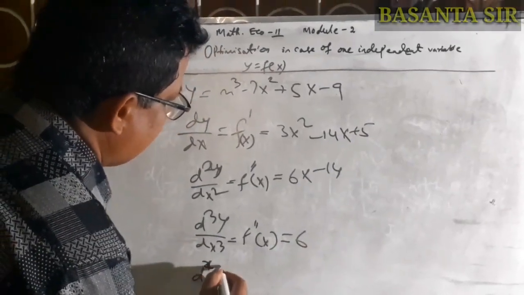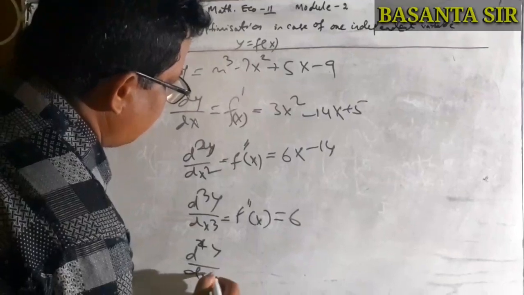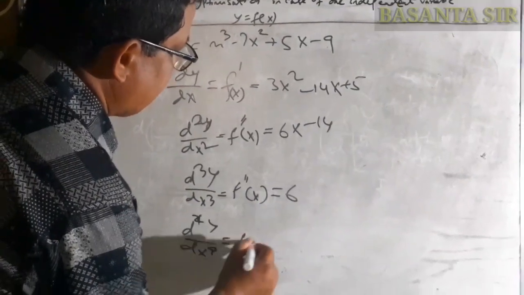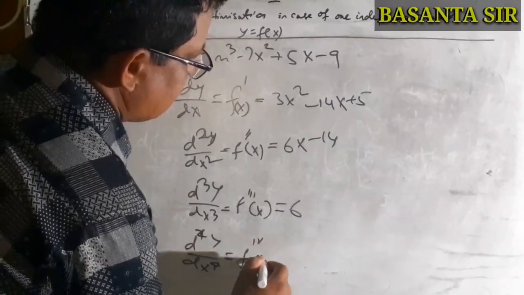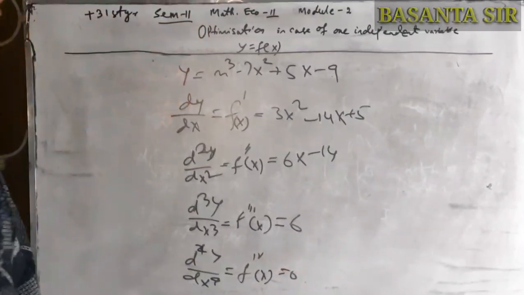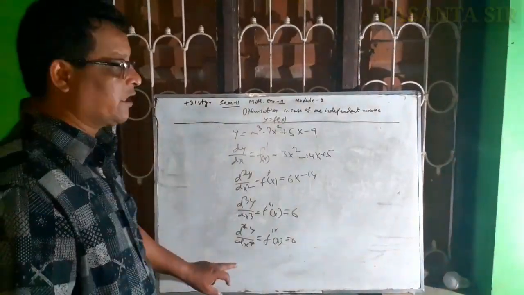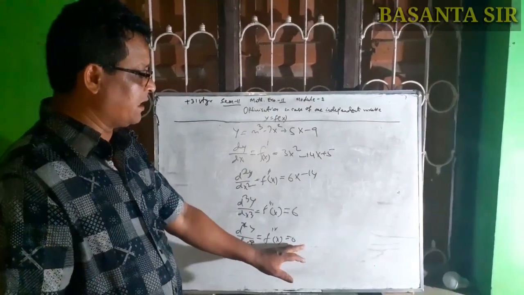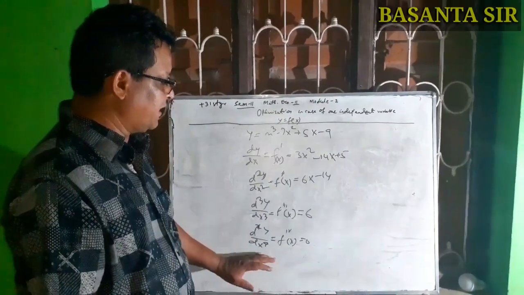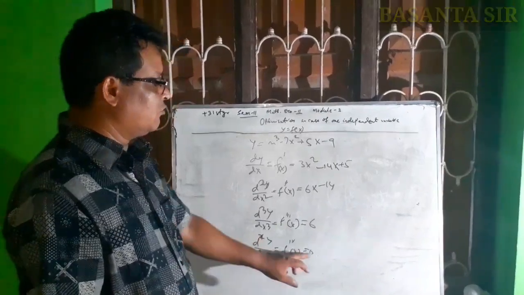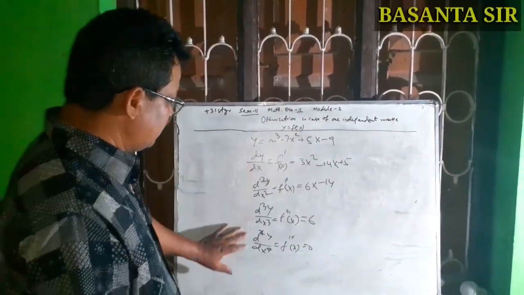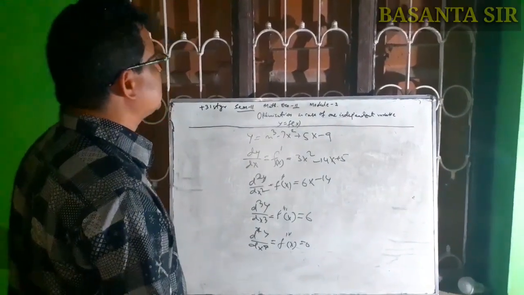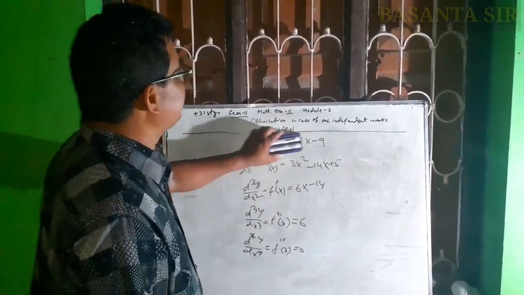The fourth derivative, d fourth y by dx fourth, symbolized as f iv x, is 0. In this problem we cannot continue further, as the value is now 0. Any derivative after that will also be 0. This is the process of finding the higher order derivatives.